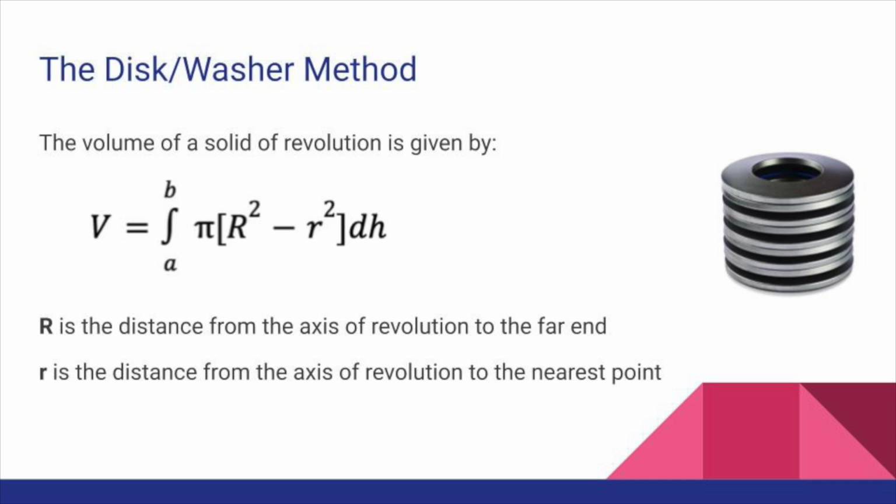Volume equals the integration from a to b of pi times capital R squared minus lowercase r squared. To be more specific, capital R is the distance from the axis of revolution to the far end, and lowercase r is the distance from the axis of revolution to the nearest point.